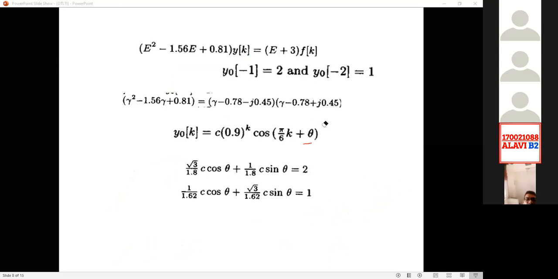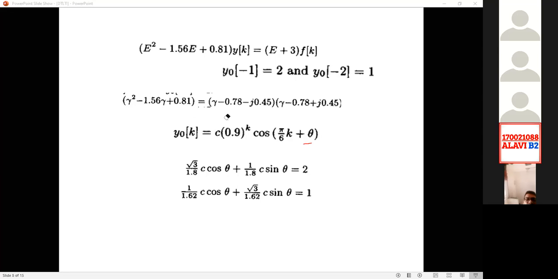Then this output is categorized in which form? Is it underdamped, or overdamped, or undamped? Sir, underdamped. The reason is it has complex roots, it has a damping factor, because complex conjugate roots will always give that.